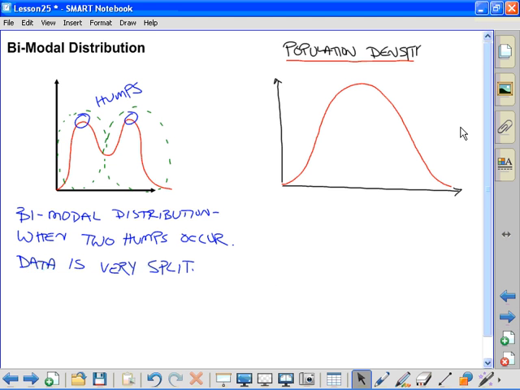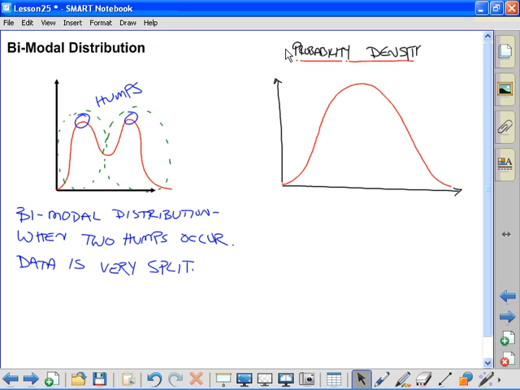With the concept of population density, we're moving away from frequency being on the y-axis. So it's no longer frequency on that y-axis. What we're looking at is probability density. That'll make a lot more sense, thinking geography: probability density.